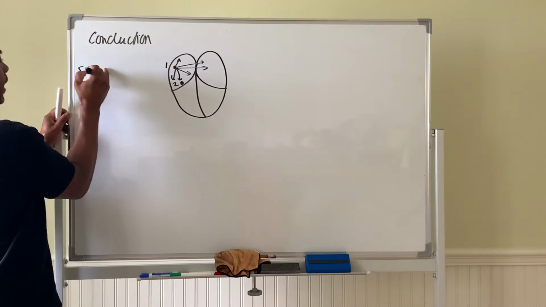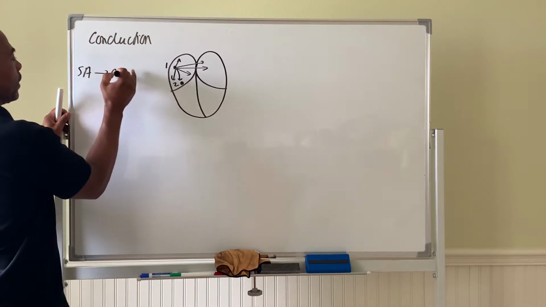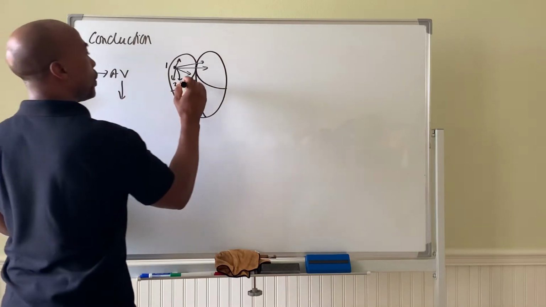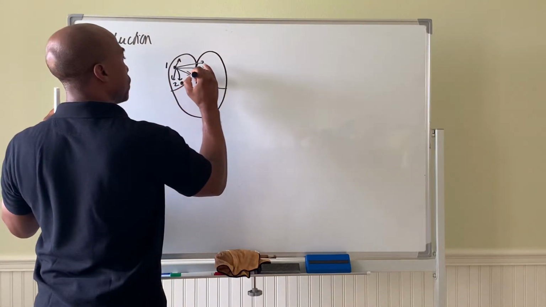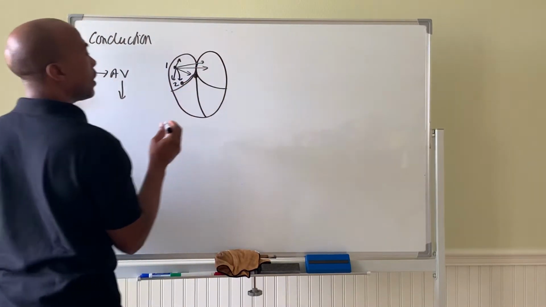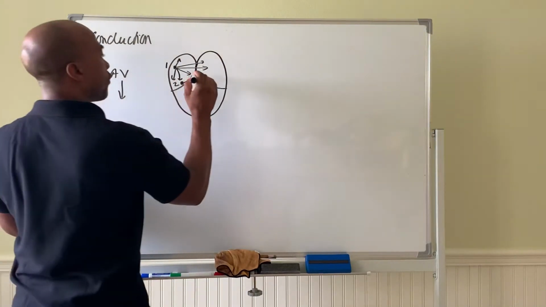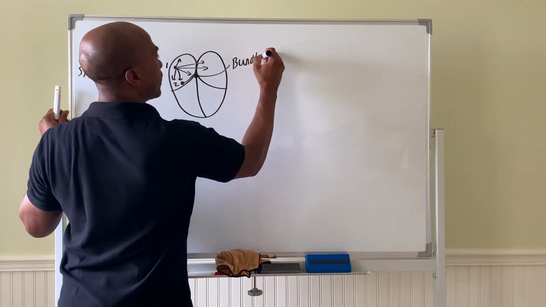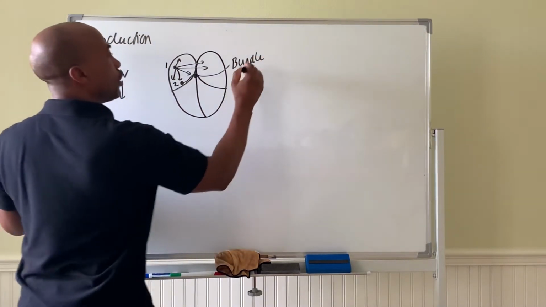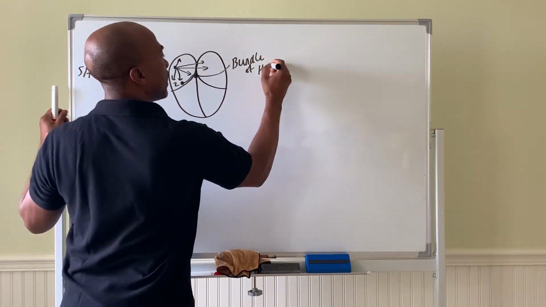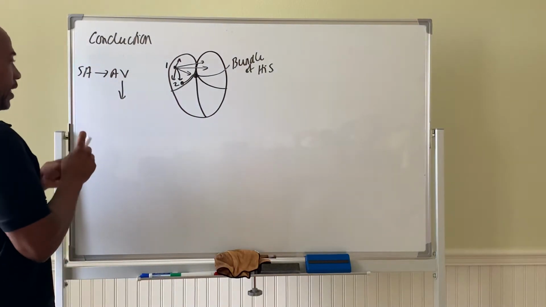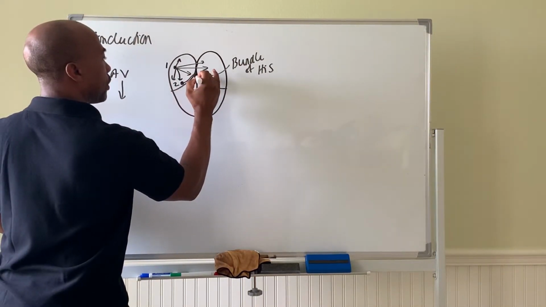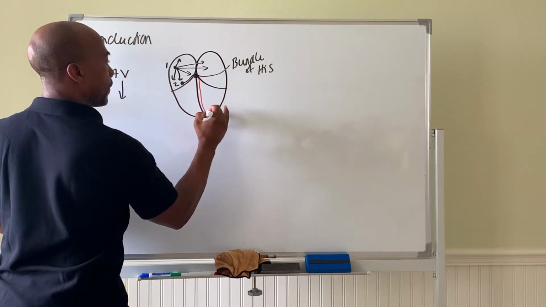Just SA to AV node. Then the AV node will spread it into an area called your bundle of His, or your atrioventricular bundle of His. Okay. Then from there, it spreads down the interventricular septum, like so.